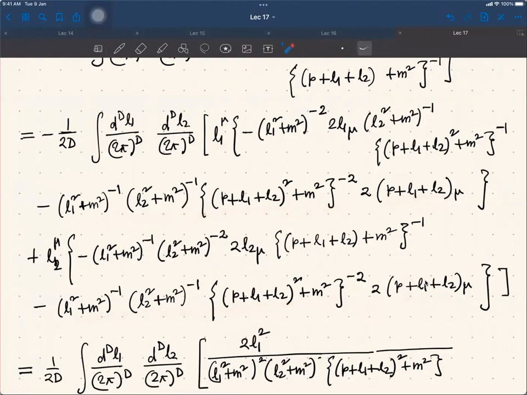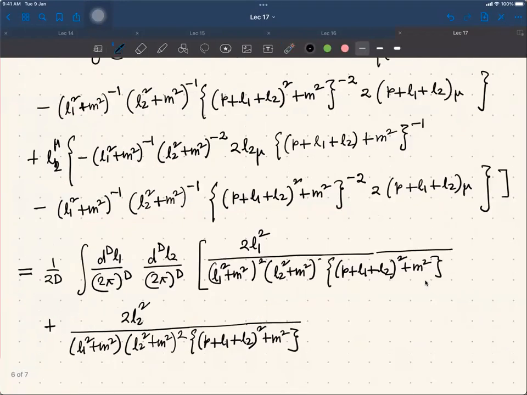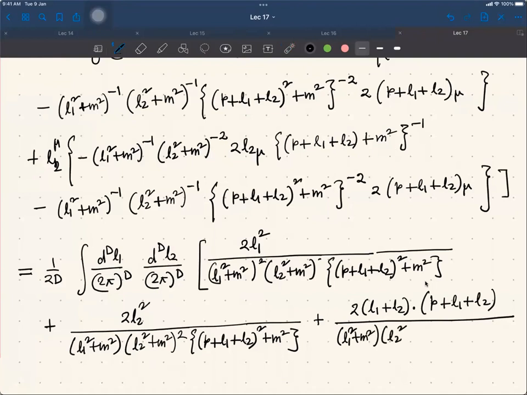So it is 2L1 plus L2 dotted with P plus L1 plus L2. And downstairs we will have L1 square plus m square, L2 square plus m square, (P plus L1 plus L2) square plus m square, whole square.